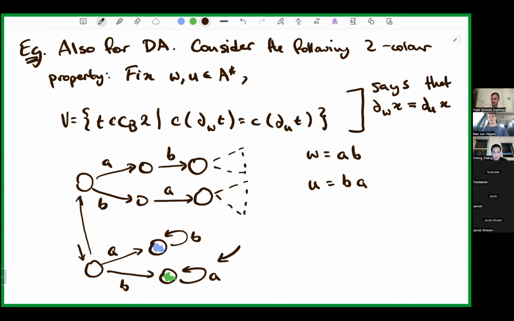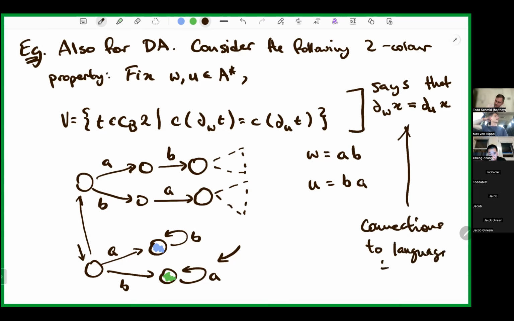That's beyond behavior now. It's literal state equivalence. There are connections here to language theory, like recognizing regular languages with finite monoids and stuff like that.